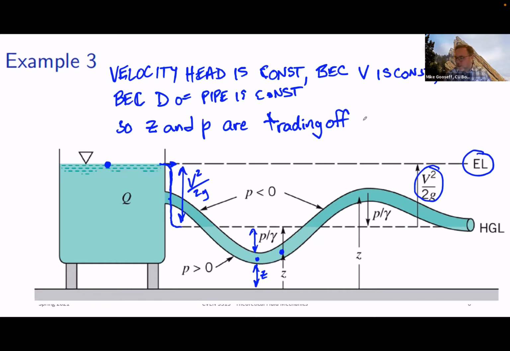Now, one thing to note, here's a point where Z, the potential energy head, is above the hydraulic grade line. Therefore, the pressure energy is negative. So you can have a negative pressure. Remember, this is negative with respect to gauge pressure. So it just happens to be lower than the atmospheric pressure. It's not less than absolute zero pressure, but it is lower than the pressure outside, the atmospheric pressure.